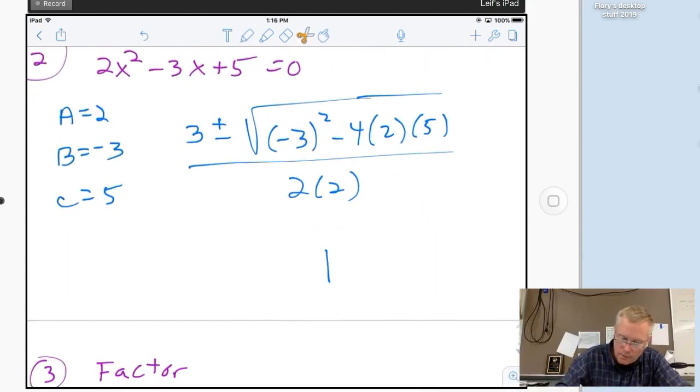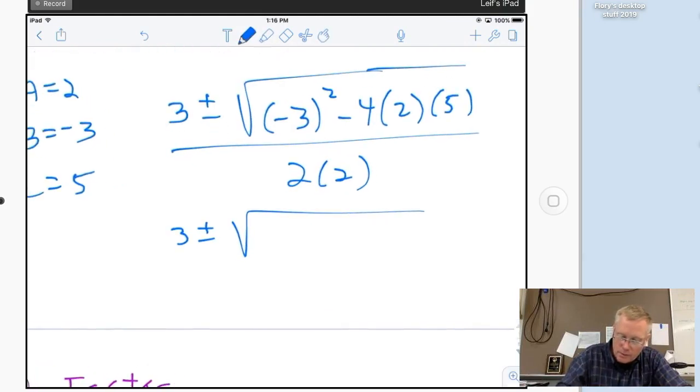All right, so I didn't give myself much space on this problem. So that's 3 plus or minus the square root of positive 9 minus 8 times 5, which is 40, all over 4.